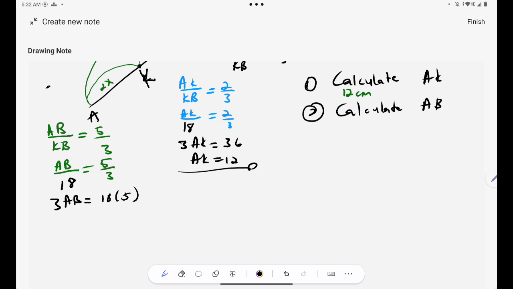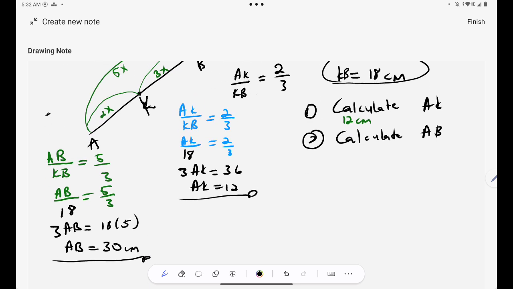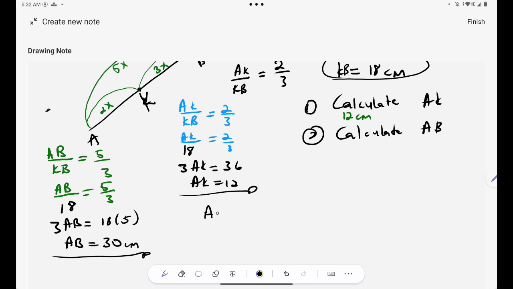Right, together, and whenever I divide by 3 here, I'll get that AB is 30 centimeters. Are you together? And even if I just said AB is the length of AK plus KB, I would have said 12 plus 18 is equal to 30 centimeters.